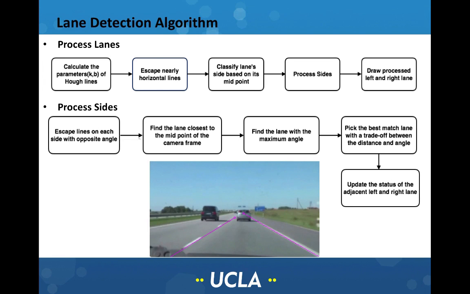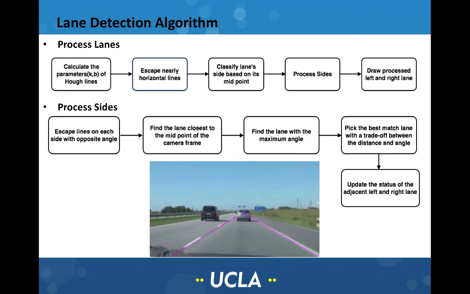So here is the flow chart of the processing side. Firstly, we skip lines on each side with the opposite angle, which means that they are in the wrong direction. For example, if it is the right lane, it cannot stand from the bottom left to the top right. And then we will find the lane closest to the midpoint of the camera frame.